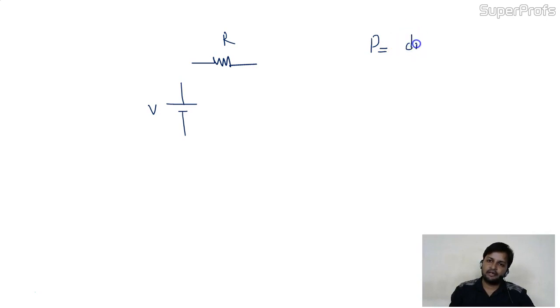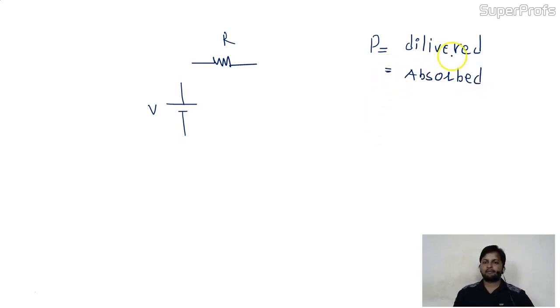It may be delivered power or absorbed power. The power in the electrical circuit can be delivered or can be absorbed. Is it okay? So now the question is, who delivers the power and who absorbs the power?